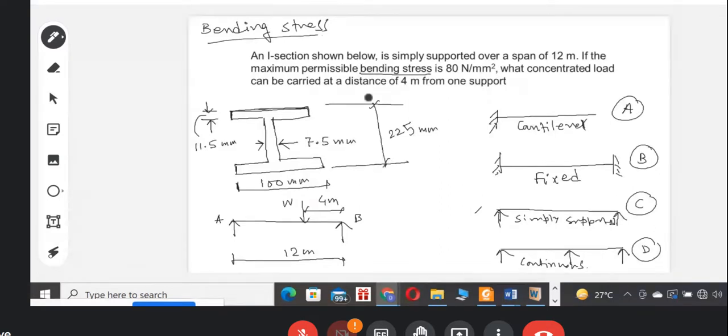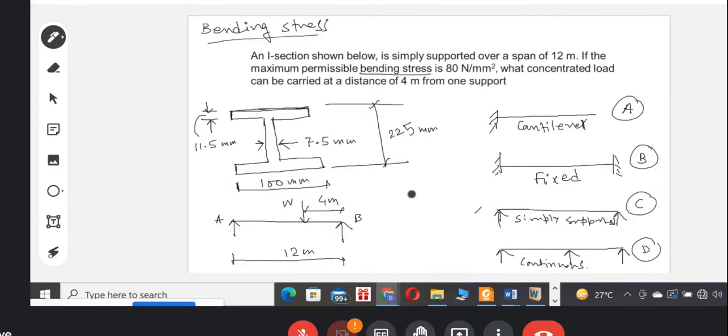What do we have to do? Can anyone tell me? There is a beam which is simply supported, on which a concentrated load is applied at 4 meter. This is already given, fine. What we have to do, more specifically, which equation should we use here? RA plus RB equals W.